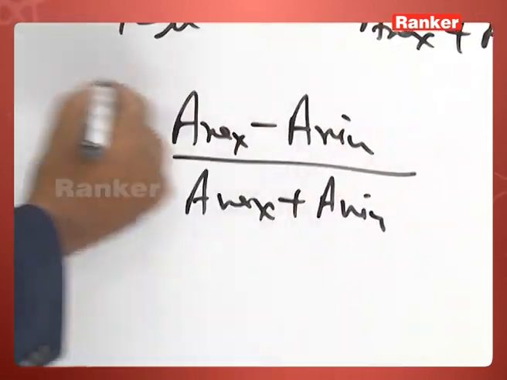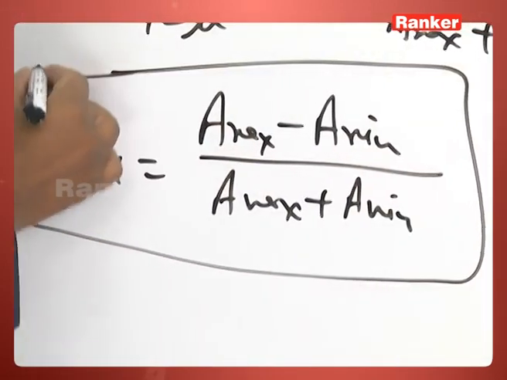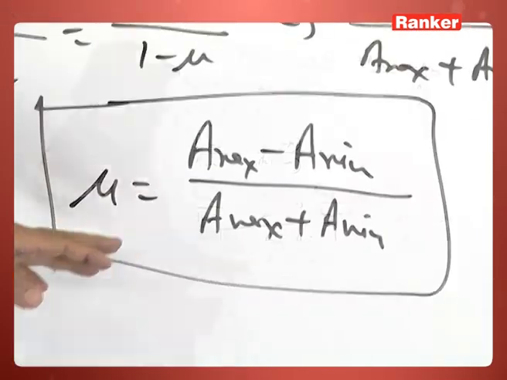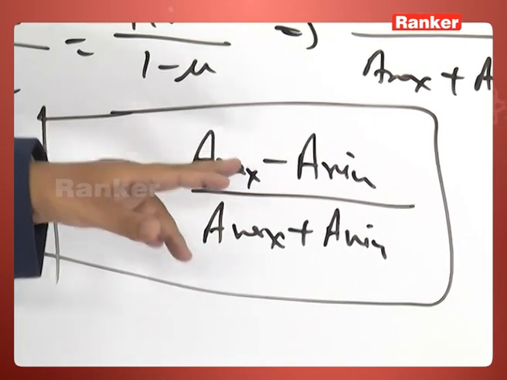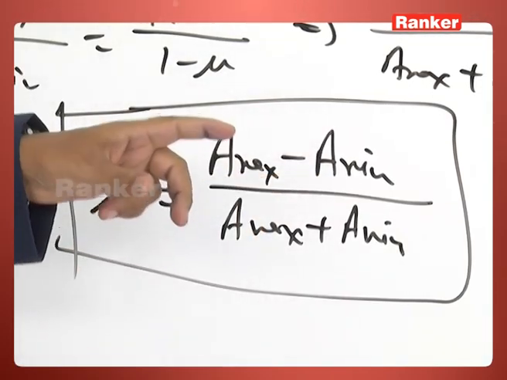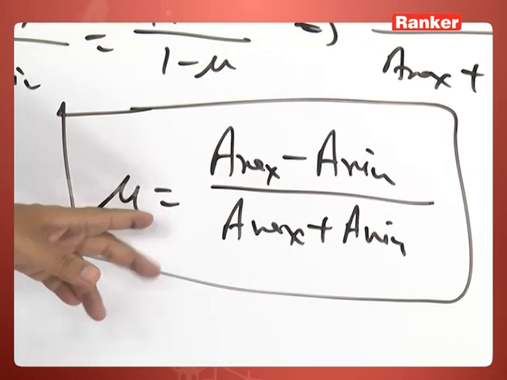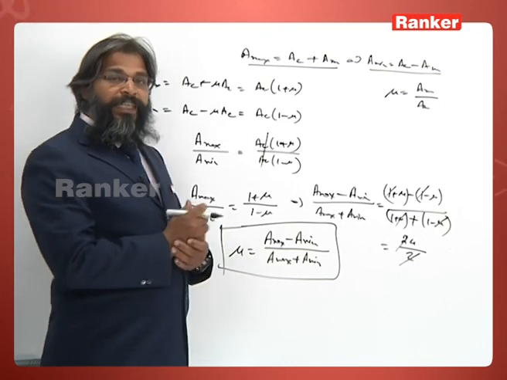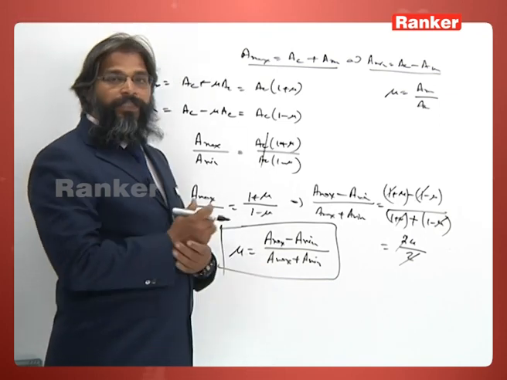You see this is less than 1. So if I get the maximum amplitude and the minimum amplitude of the voltage wave, then we can calculate the modulation index by this quantity.